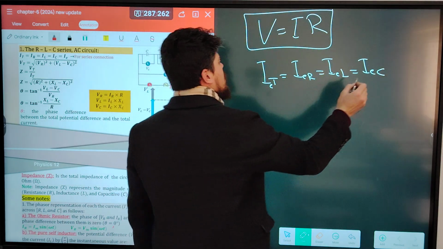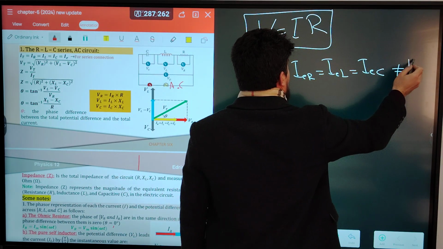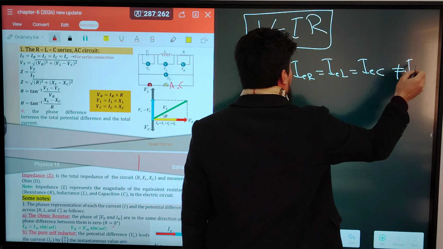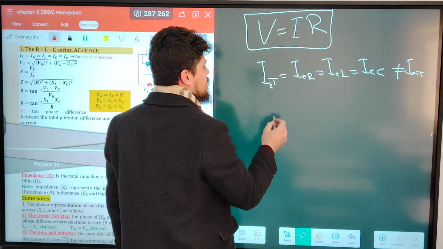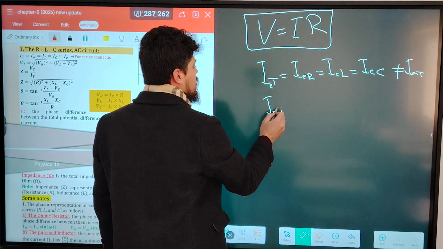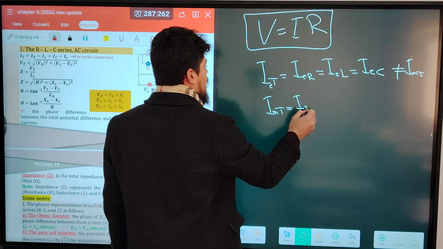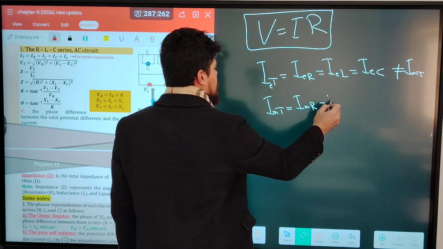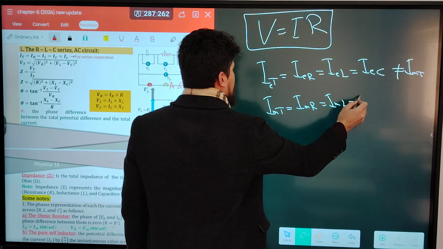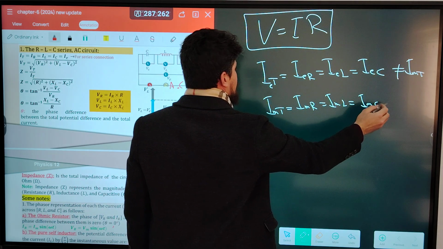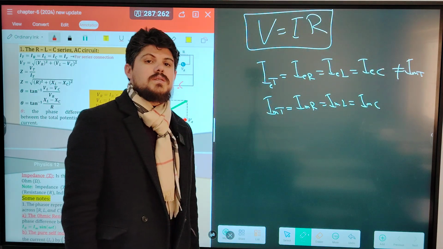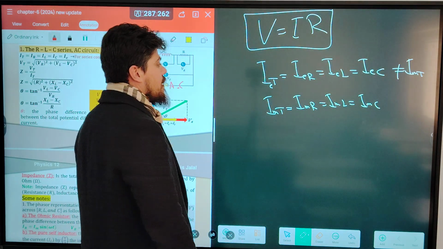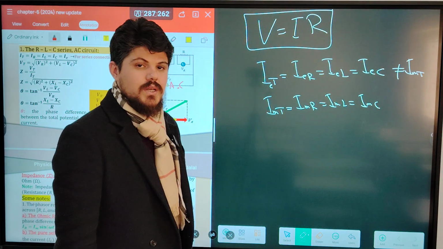But this is not equal to IM, be careful. The same thing you can write for the maximum value of the current: IM total is equal to I maximum across resistance, across inductance, and across capacitance. The currents are equal in series connection, but the potential differences are different.